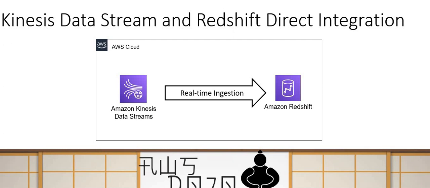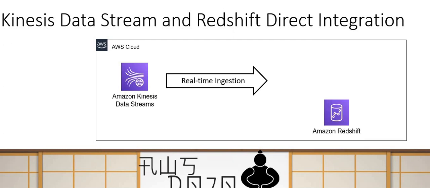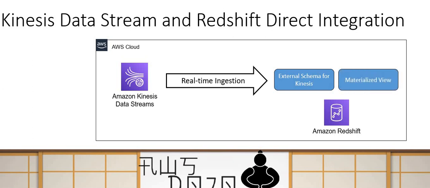So the way this solution works at a very high level is that if you want to ingest your data from Kinesis data stream to Amazon Redshift, what you do in Redshift is that you create an external schema for Kinesis. And then you can create a materialized view using the Kinesis data stream to see data inside the Kinesis data stream.